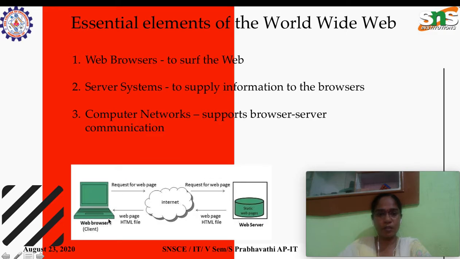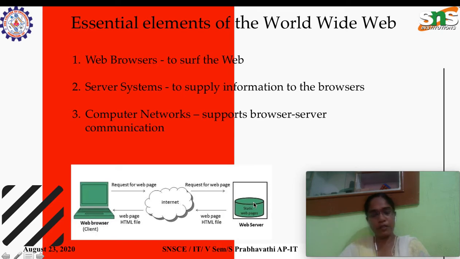This is the pictorial representation of how a request and response is handled. In our client machine we have a web browser, and the user sends a request. This is the internet connectivity, and the request is converted into machine-understandable format, which finds the correct server.